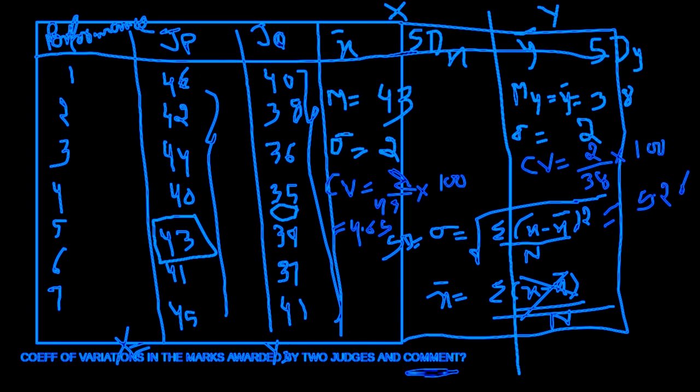Okay. Now, अपना answer is this. What do you interpret by this? Coefficient of variation is 4.65 and the other coefficient of variation is 5.26. Any idea? Any rough idea? Or if you have studied or heard somewhere else, what do you interpret by this? Judge P का coefficient of variation is 4.65 and Judge Q has coefficient of variation as 5.26.